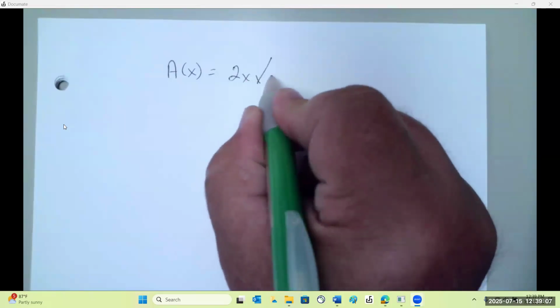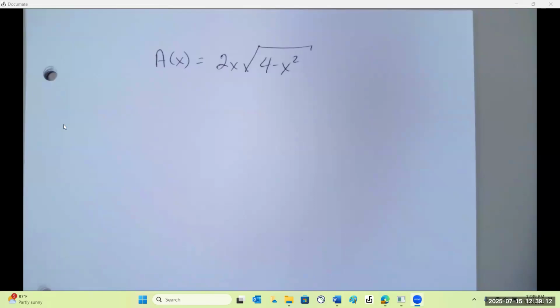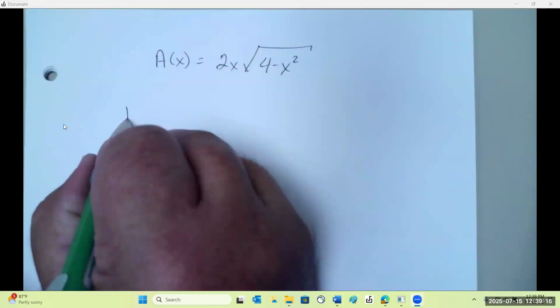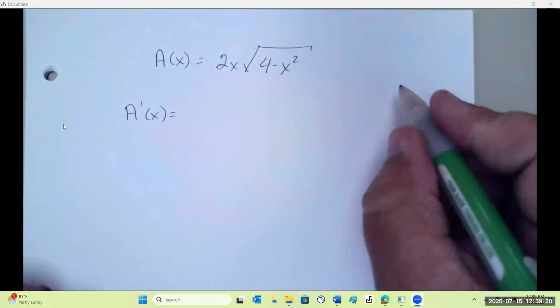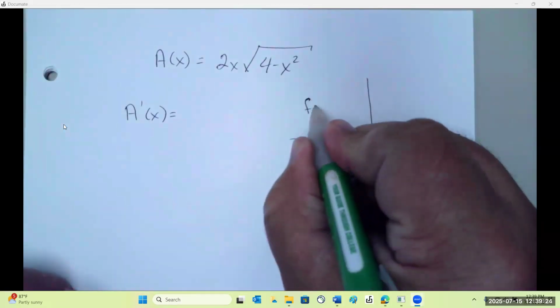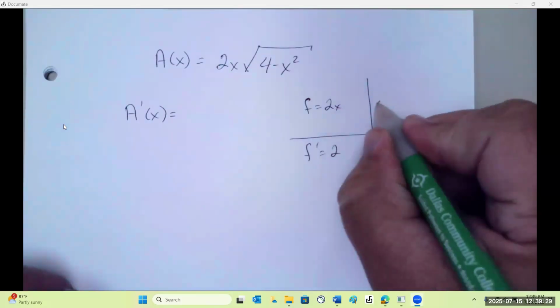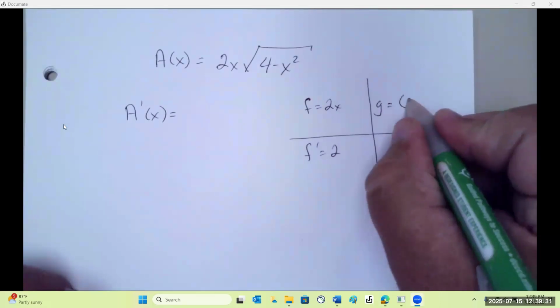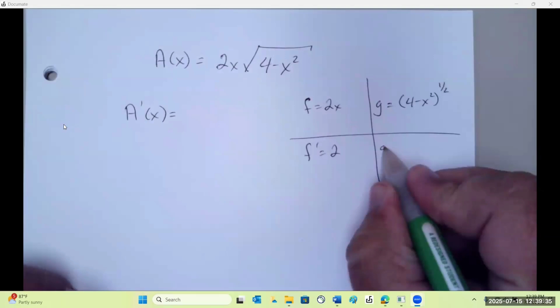Two x times the square root of 4 minus x squared. So the derivative would give us, let's use the product rule. So f is 2x, f prime is 2, g is 4 minus x squared to the power 1/2.